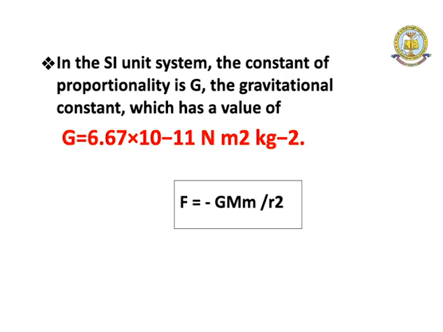So F is equal to minus G M m by r square. Here the negative sign indicates the force is attractive. The two masses attract in opposite directions, so the minus sign indicates the gravitational force.